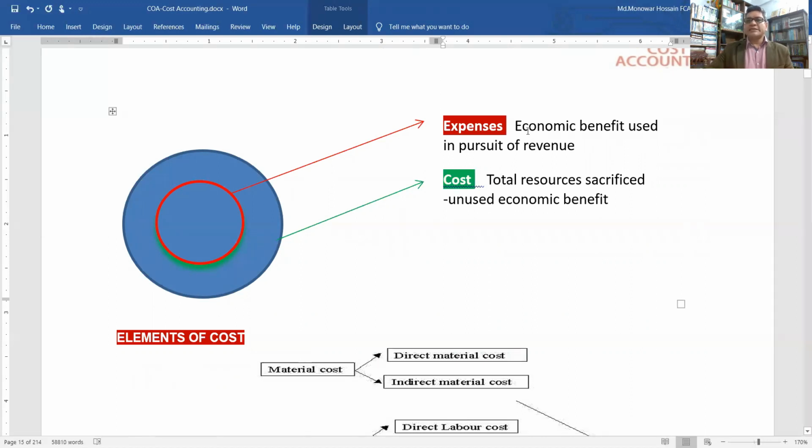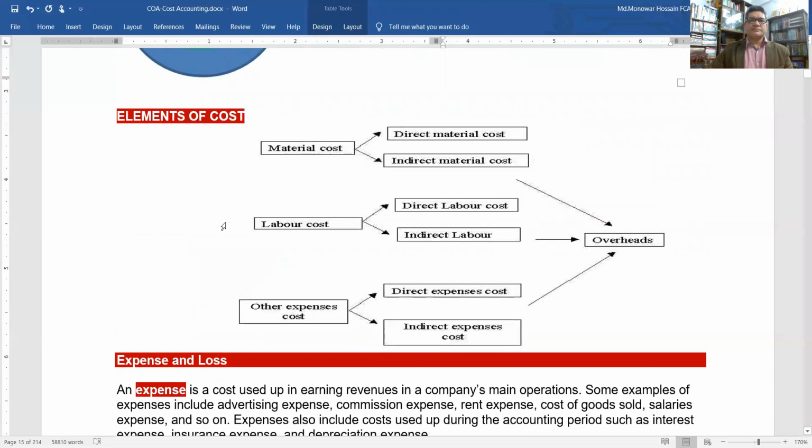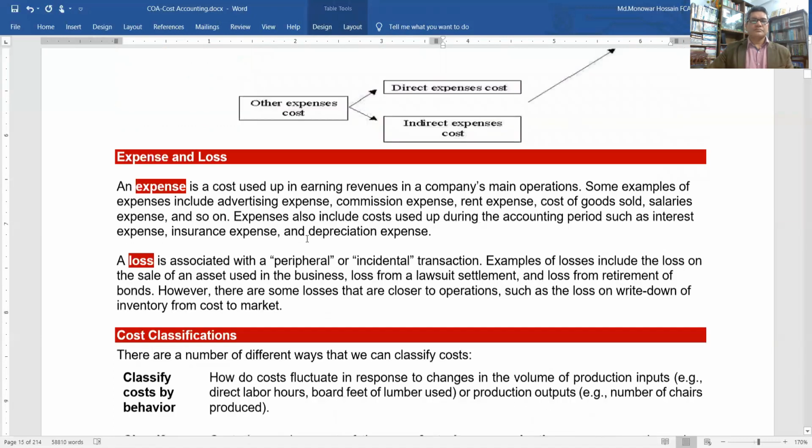Expense is economic benefit used in pursuit of revenue, and cost is the total resource sacrifice, unused economic benefit. So here, elements of cost: material cost, labor cost, other cost. Every cost is divided into two types: direct and indirect. All direct is the direct variable cost, and all indirect goes to the overhead cost.